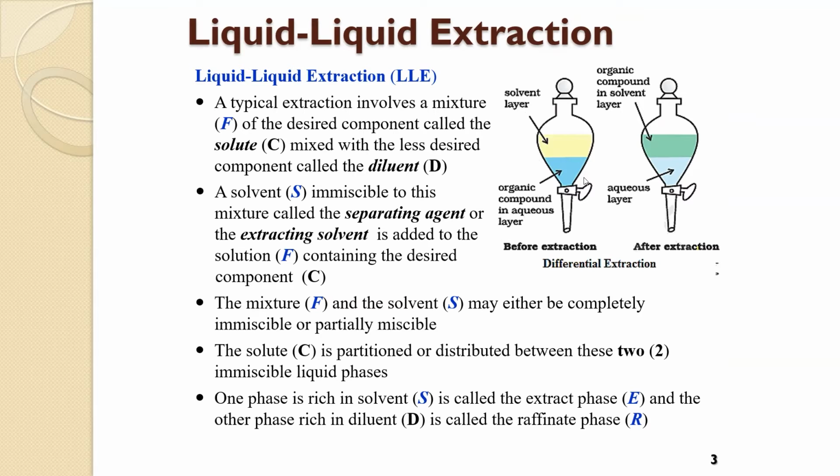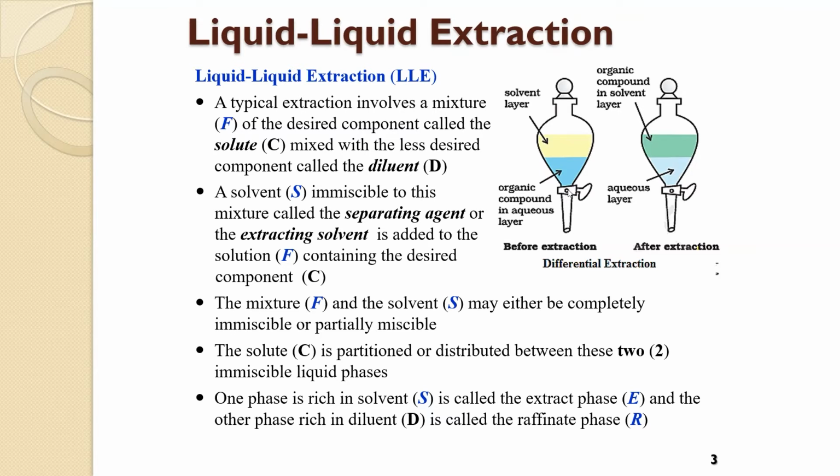And then what happens is that you shake this vigorously, and then you keep on releasing the pressure at the funnel end, the open end. When you release the pressure, of course, it should be upside down so that the contents won't spill.